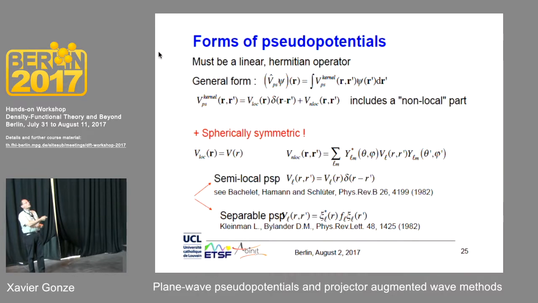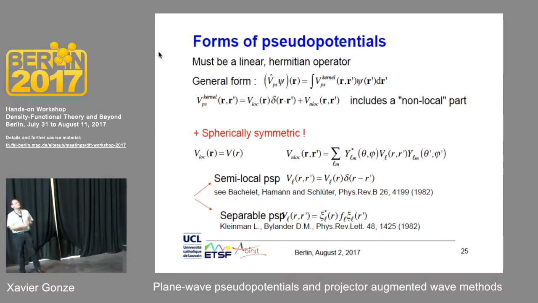But the non-local part can be expanded in spherical harmonics, and it happens that the general formula for this is given here. You recognize spherical harmonics here, and then the V present here depends on distances with respect to the origin, and also depends on the L. So it can be different for S, P, and D orbitals.